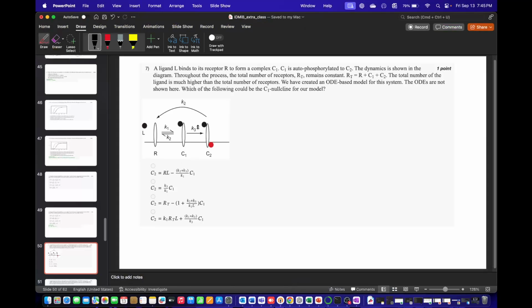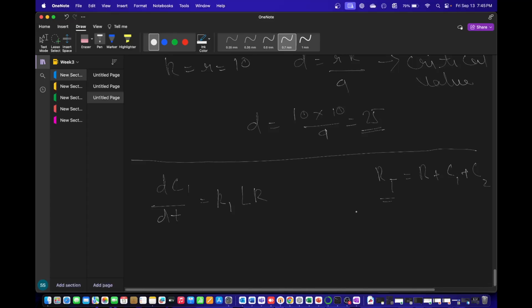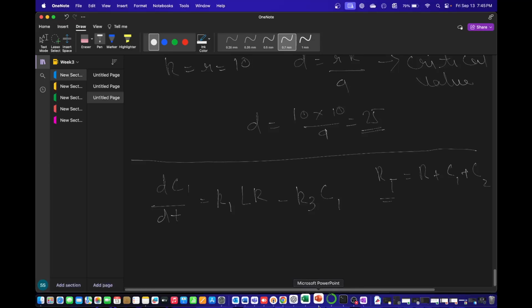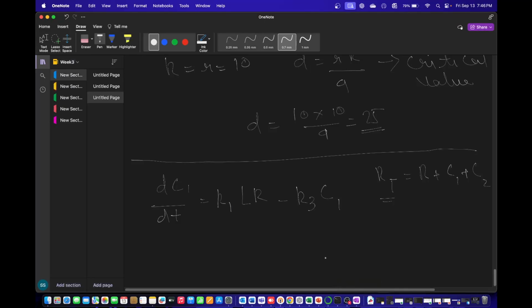Now this is getting used up by C2 with rate K3, so there will be a negative K3C1, and from the reversible reaction C1 is also getting used up by K2, so there will be another negative K2C1. Okay, so this is the equation for C1.